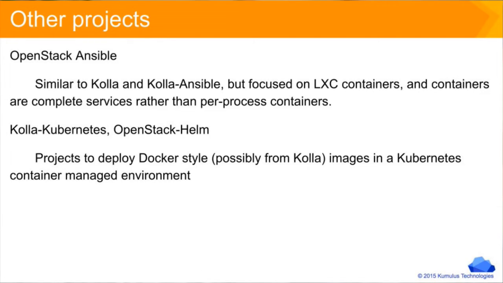So other projects that we have available to us as well, similar to the Kolla and Kolla Ansible components, is the OpenStack Ansible project. As I mentioned, this takes the concept of building out these system images and has a single image that's a little bit more monolithic, looking at the Nova resources as a whole.